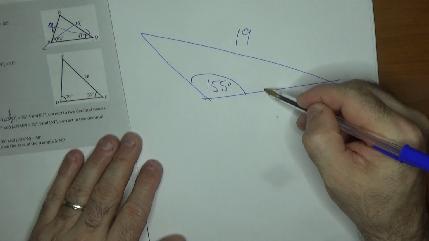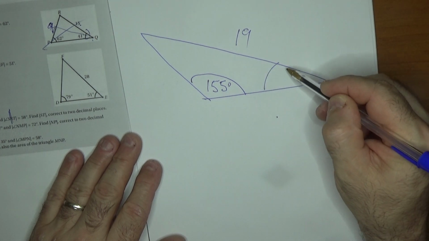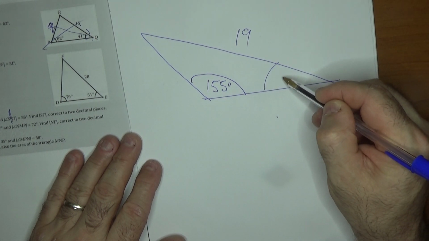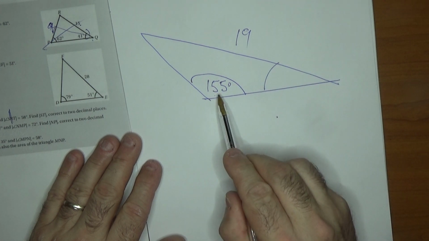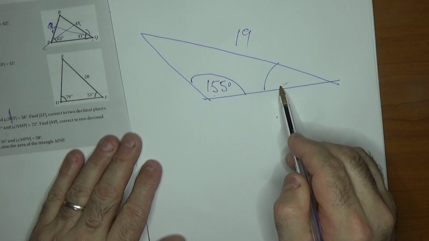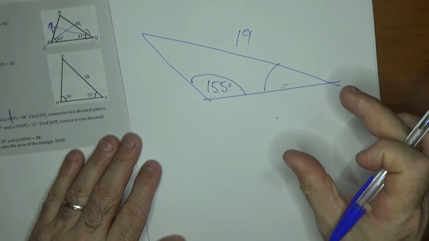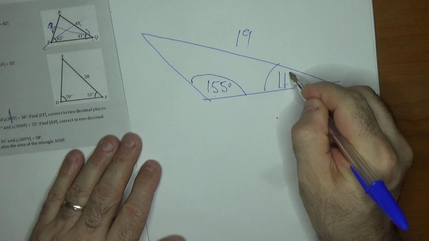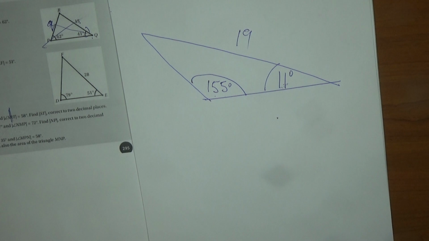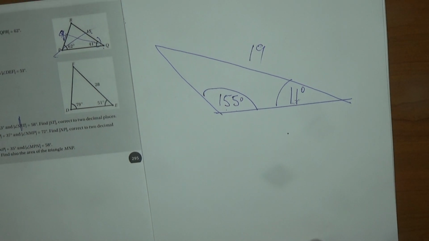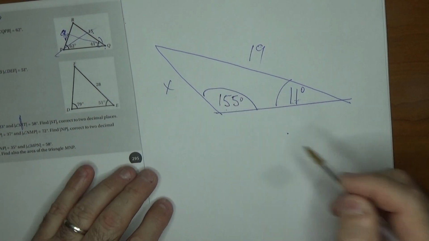And let's put in an angle here. Now, 25 is the top I can do. I can't go to 25. Okay, I keep it well less than 25. Let's make it 11 degrees. Okay. So let's call this x and ask what's the x.